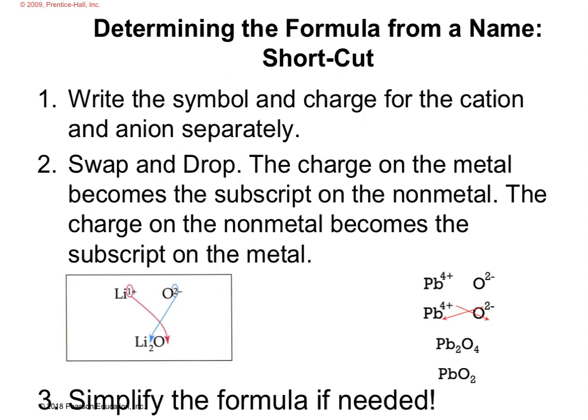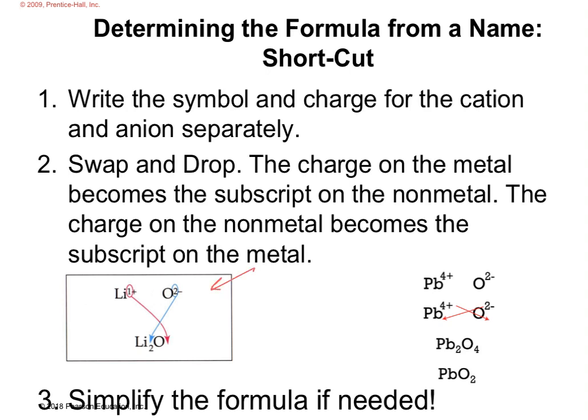All right, so I showed you the step-by-step thought process for coming up with a chemical formula for an ionic compound. I'm going to give you a shortcut that you may have learned in high school, which might be useful for you on a test, and that's the drop and swap, or crisscross, method.